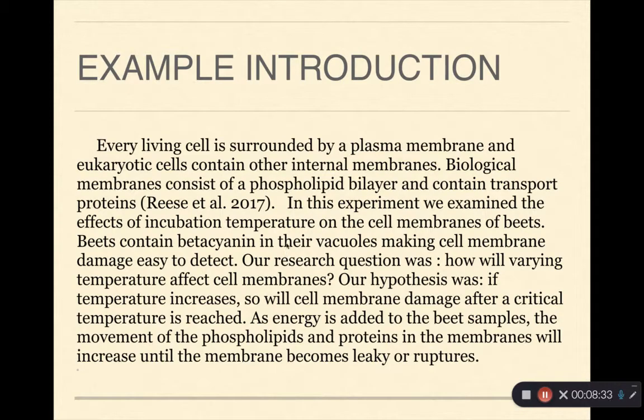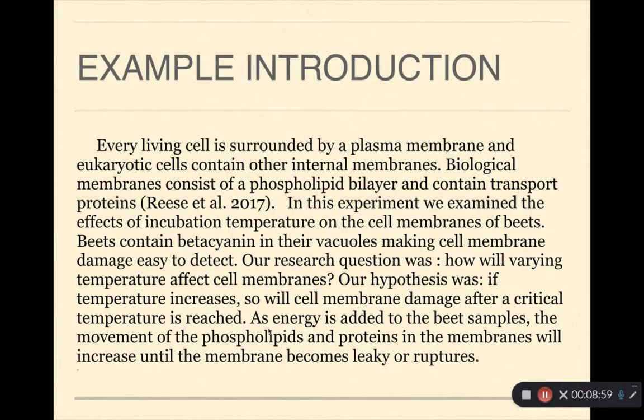In this experiment, we examined the effects of incubation temperature on the cell membranes of beets. Beets contain beta-cyanin in their vacuoles, making cell membrane damage easy to detect. Our research question was, how will varying temperature affect cell membranes? Our hypothesis was, if temperature increases, so will membrane damage after a critical temperature is reached.